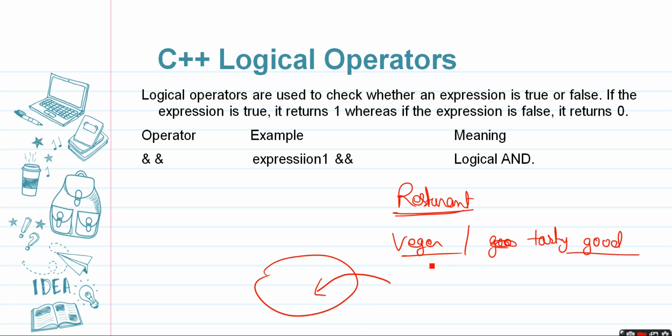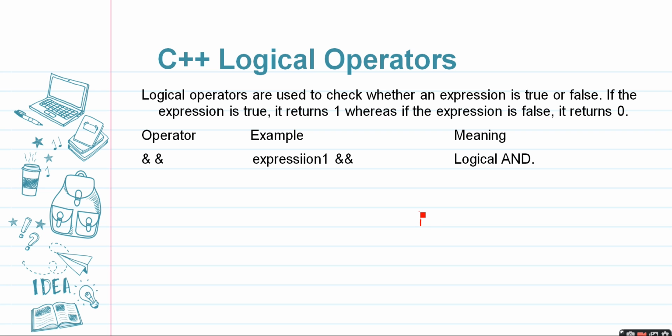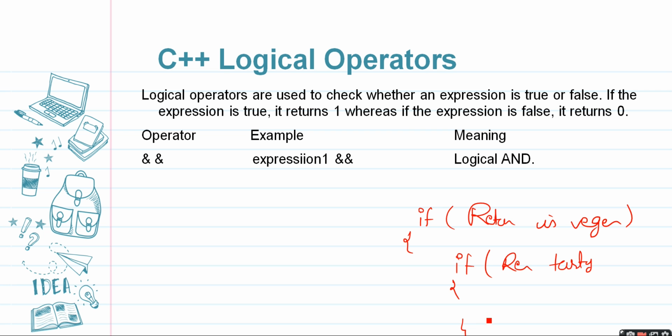So we have two conditions here, and both should be true. In this kind of situation, we can have two if statements. If the restaurant is vegetarian, then again I will test if the restaurant food is tasty, then I will enter inside the restaurant.